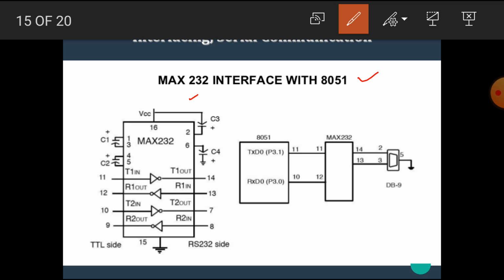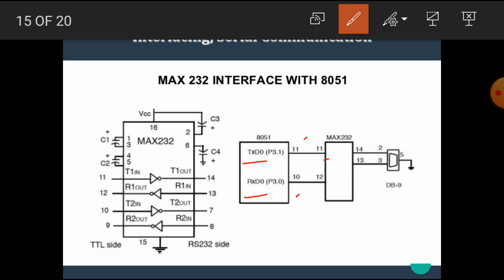Here we can see that the 8051 microcontroller is connected with the RS232 standard, that means the DB9 connector, through the MAX232 chip. Pin number 11 of the 8051 microcontroller is TxD, and pin number 10 is RxD.